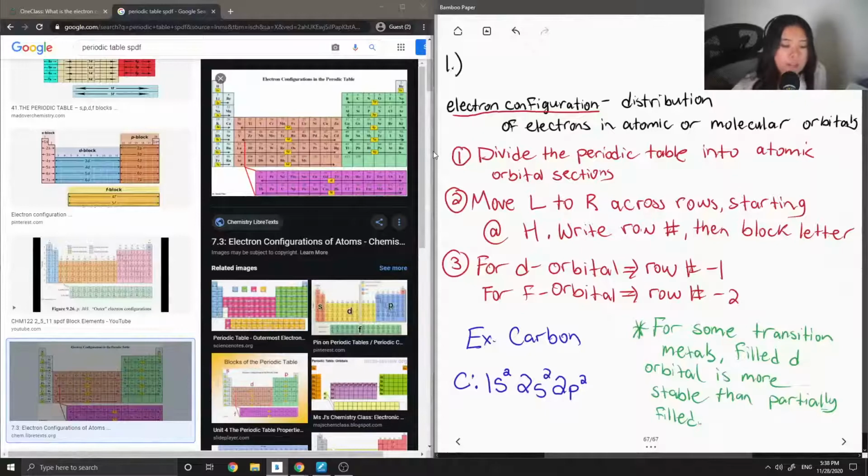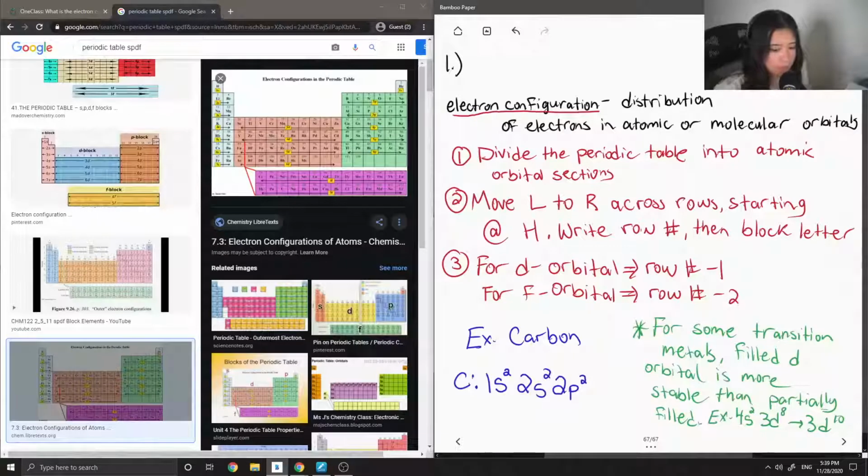So sometimes when you have an ion that ends in 4s1, 3d9, or 4s2, 3d8, you can also write it as 3d10. So sometimes that is the preferred electron configuration. That's just an example.